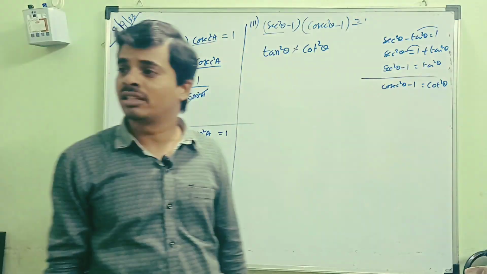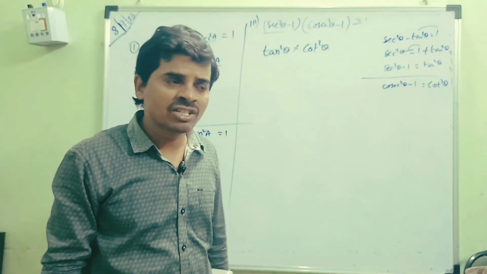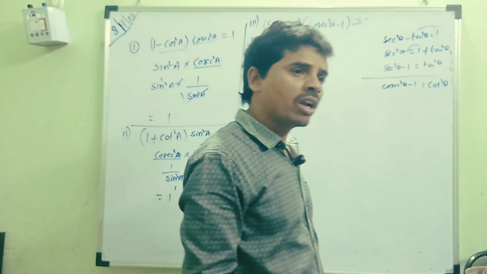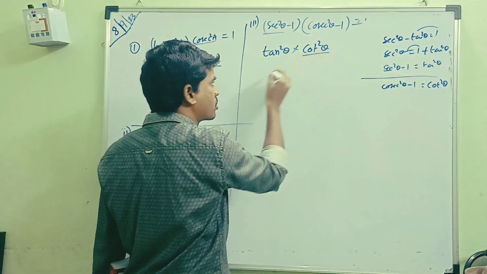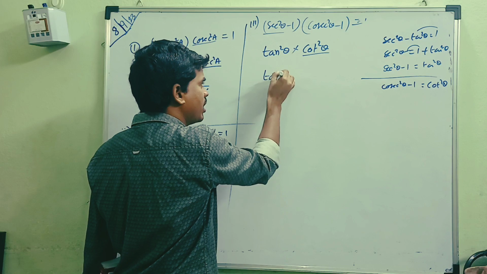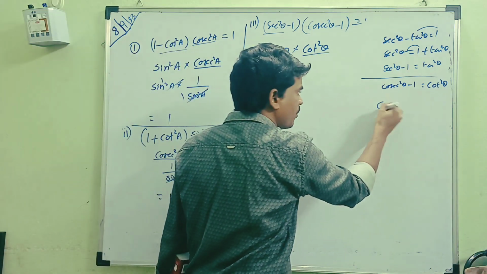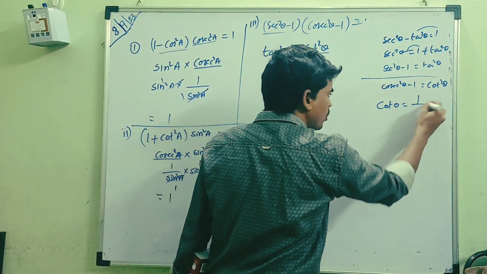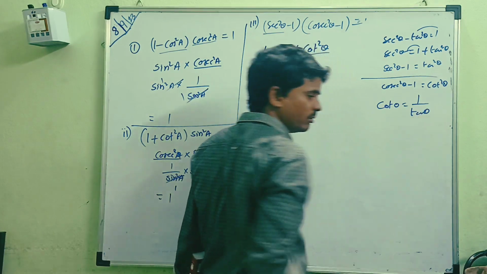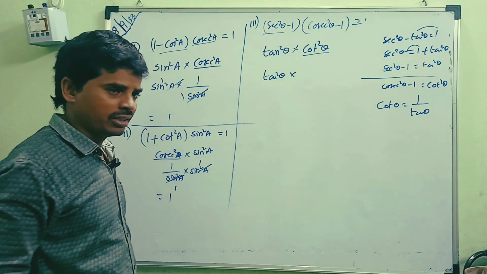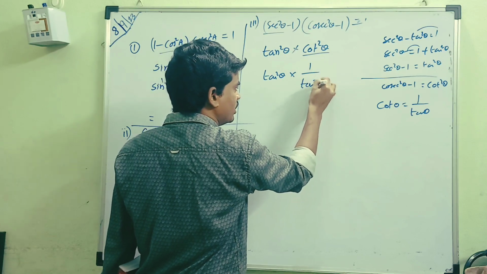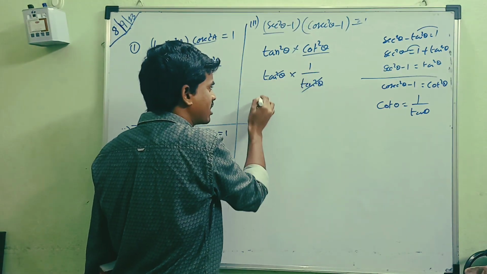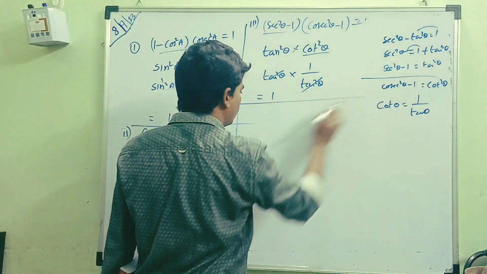Now tan and cot are reciprocals. Tan is equal to 1 by cot, cot is equal to 1 by tan. We can use any. So I am using cot theta is equal to 1 by tan theta. So 1 by tan square theta, tan square theta into. So tan square theta gets cancelled. The answer is 1.